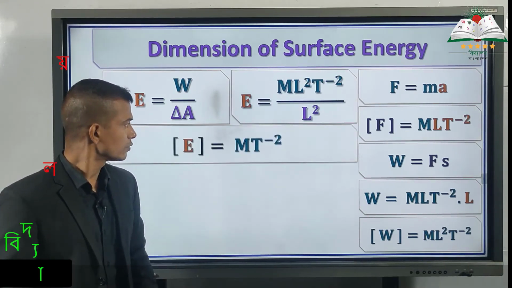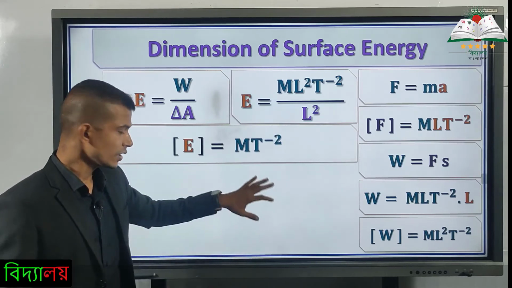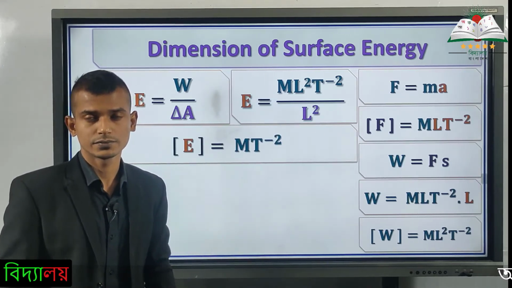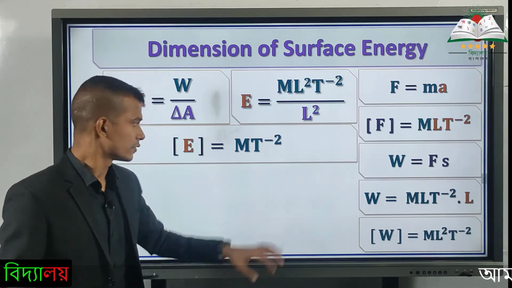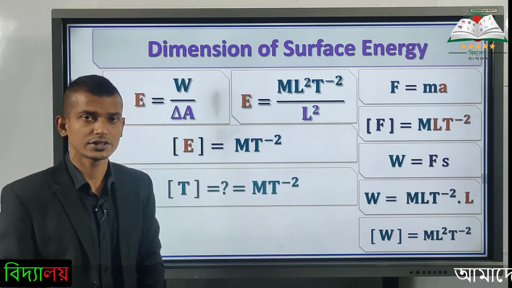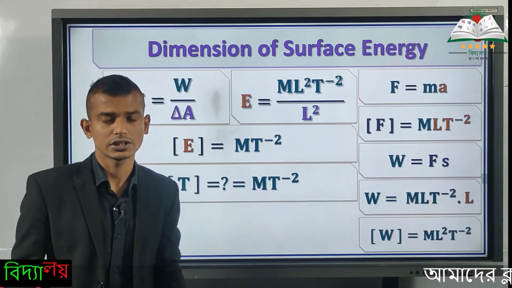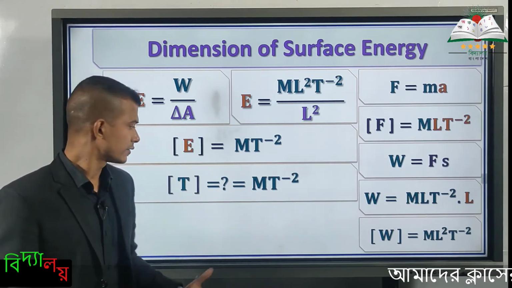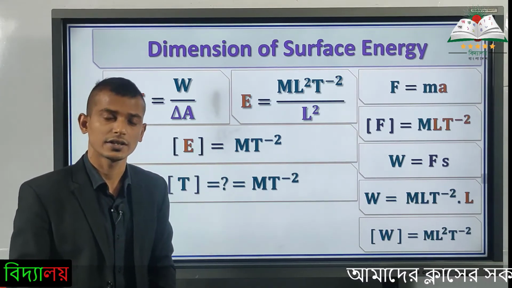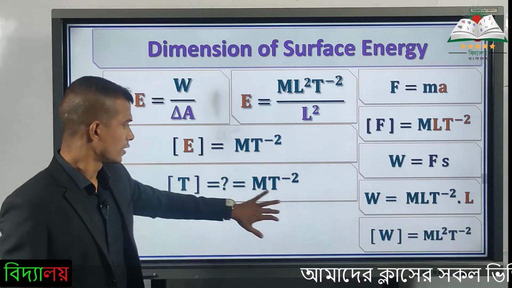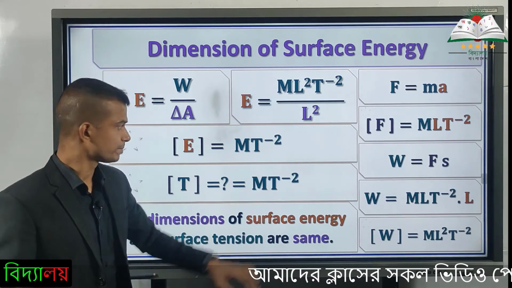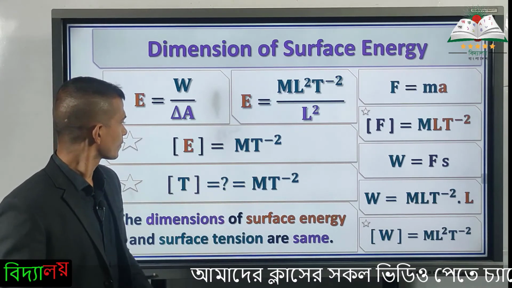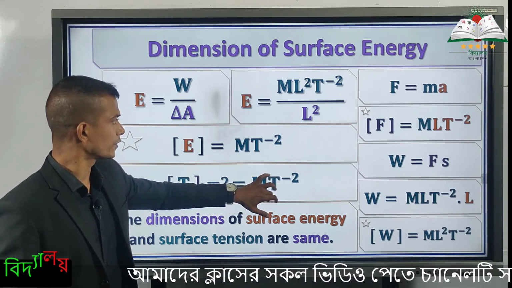It becomes E equals MT inverse 2. Now, can you recall what is the dimension of surface tension? Yes, the dimension of surface tension is MT inverse 2. So it can be said fairly that the dimension of surface tension and the dimension of surface energy are the same. These two are very, very important.